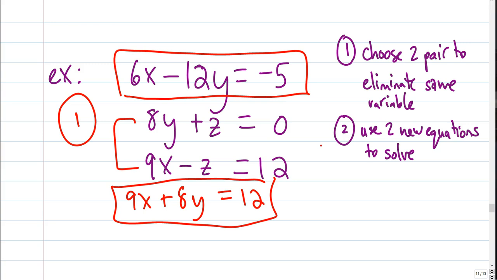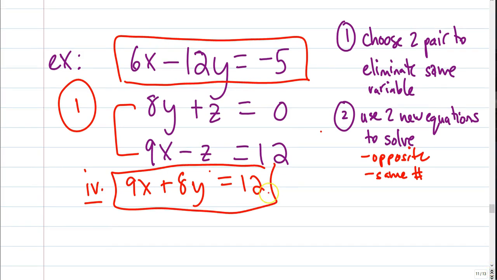Now I look at these two and I go, okay, now I'm on step two. This now looks like an 8.5 question. I'm going to use this top equation and this new equation, like our equation 4 basically, to try to eliminate another variable. Well, the x's, 6 and 9, don't really cancel out. 12 and 8 don't really cancel out. But at least the 12 and the 8 are opposite, right? I need these to be opposite, but they must also be the same number. So I'm thinking I can make a 12 and an 8 both into a 24.